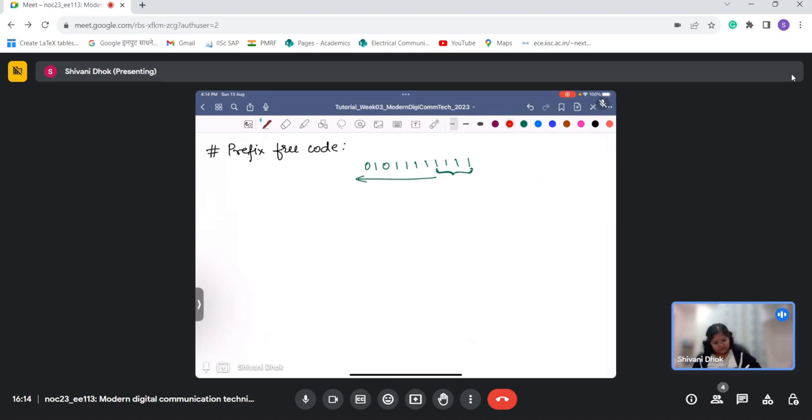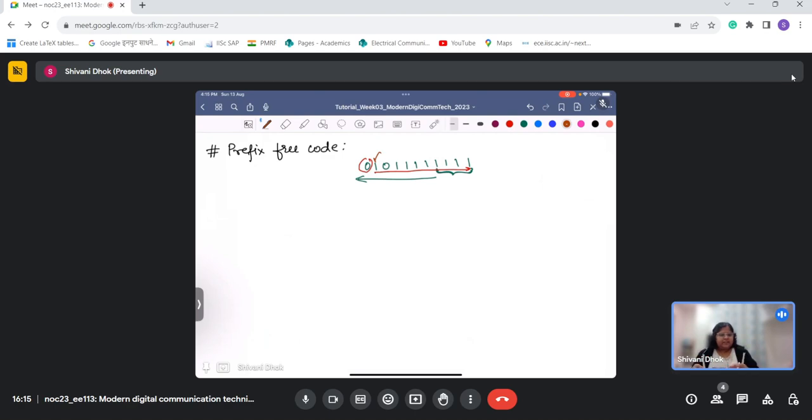That is, this 0 is a prefix of this 1. This 01 is a prefix of the remaining part. So basically any substring of this string which appears at the beginning is a prefix of that particular string.